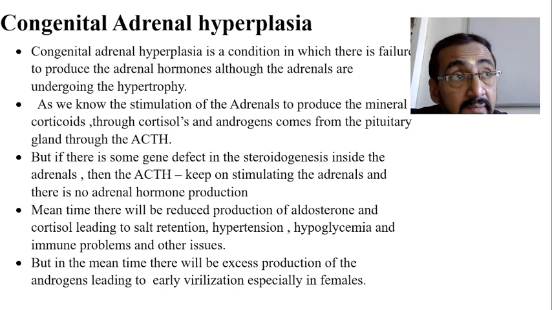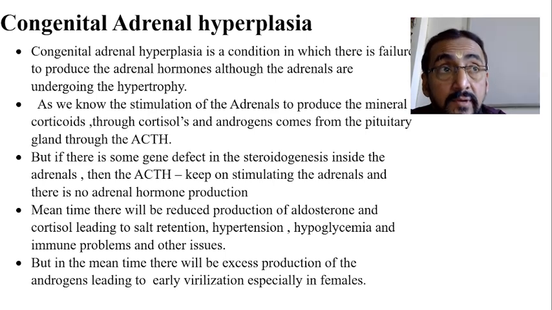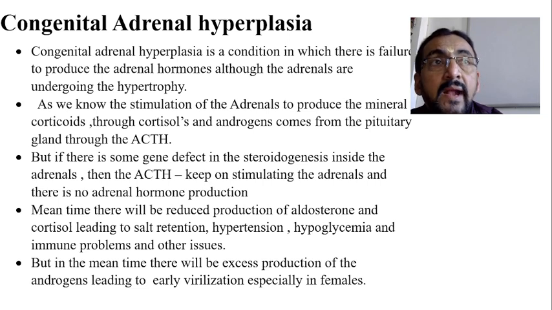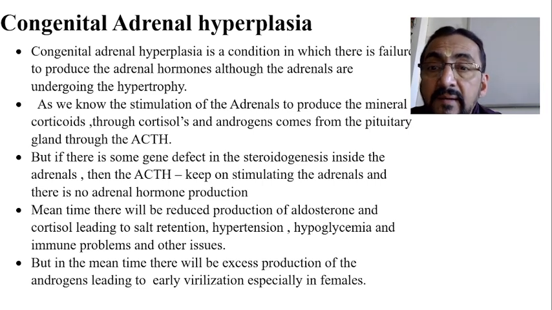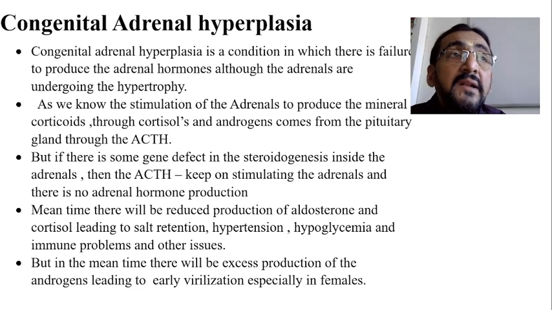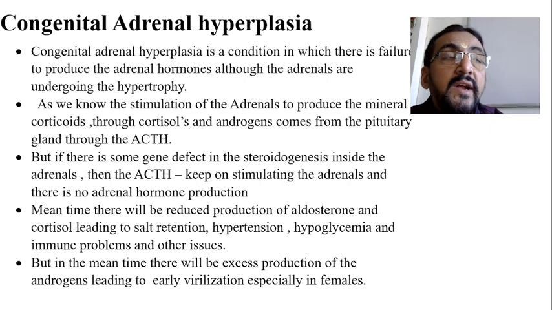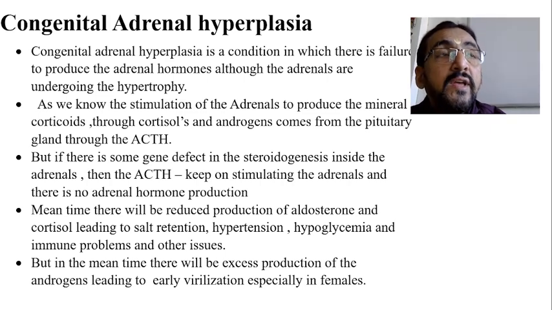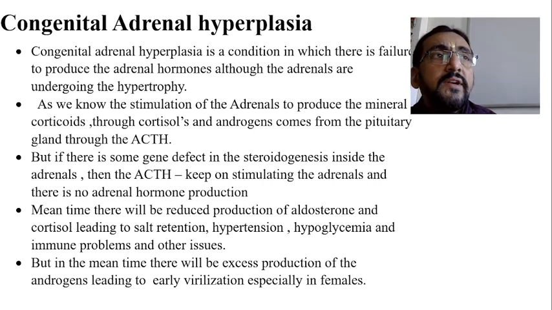But if there is some genetic defect, where the adrenocorticotropic hormone is coming and trying to stimulate the adrenal gland, but the adrenal gland is not able to show any response. The adrenal gland is not showing any response to the ACTH. So ACTH keeps on stimulating, but in spite of that, the adrenal gland is not showing any response.